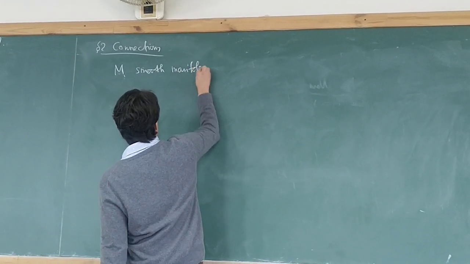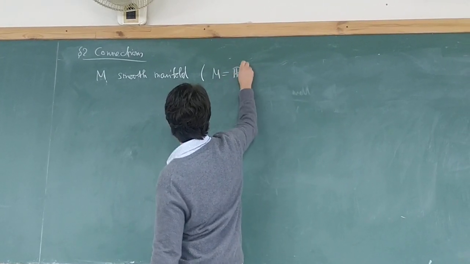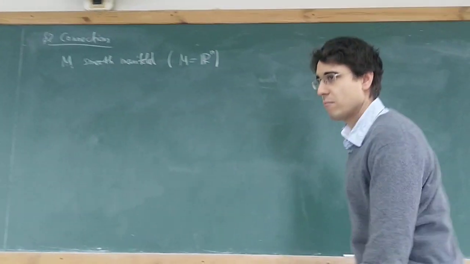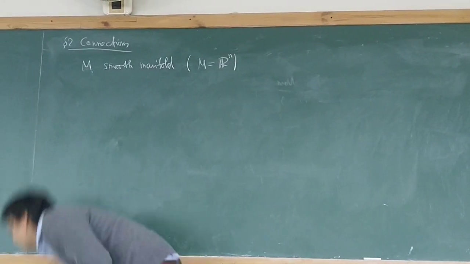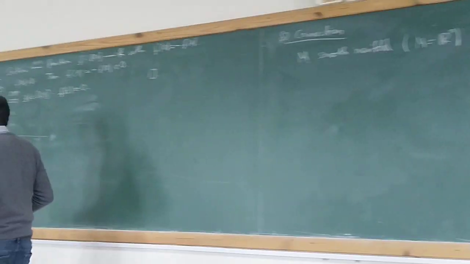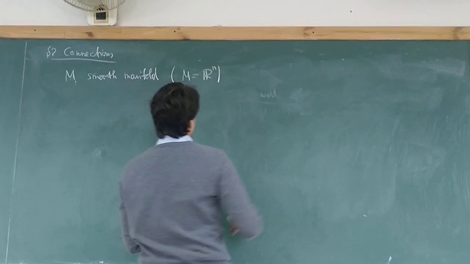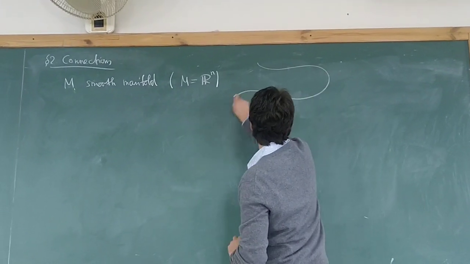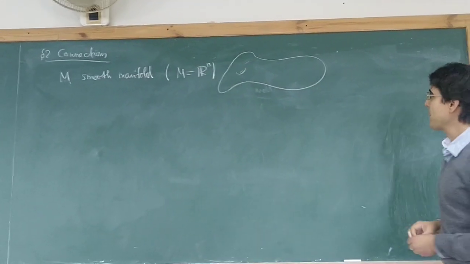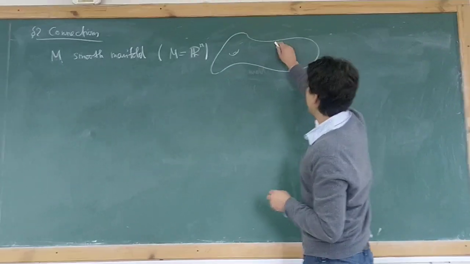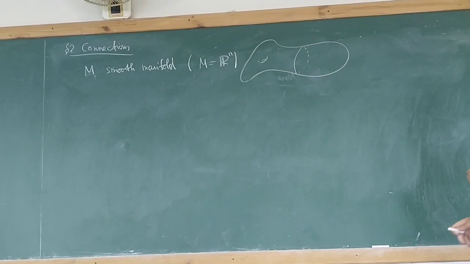And if you don't know what that is, you can just say M is R. That's fine. R1, just the real line, depending on how advanced you are. Maybe this is difficult enough for you. So recall that this means that, well, there's a picture of a smooth manifold, a Riemann surface. Globally it's maybe a very complicated object.